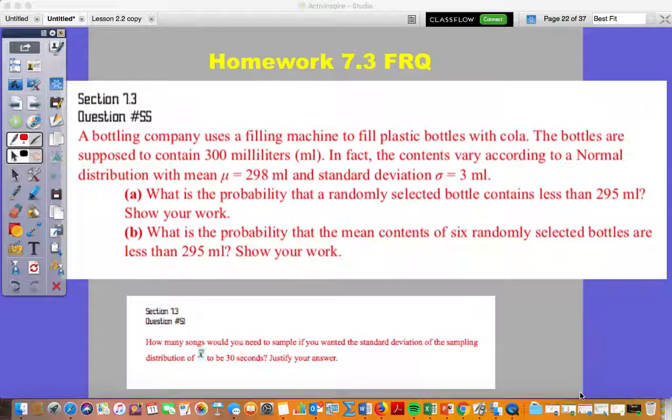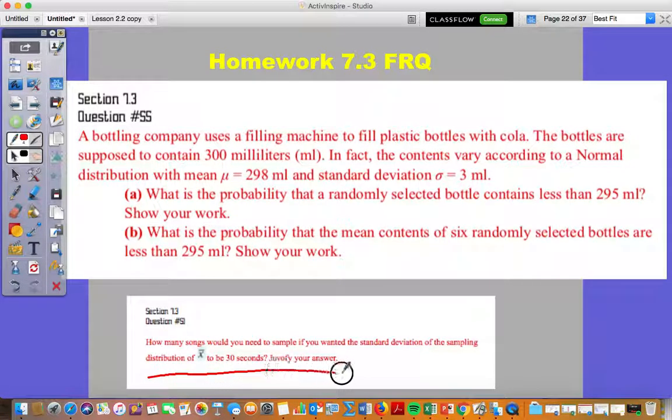It says how many songs would you need to sample if you wanted the standard deviation of the sampling distribution of X bar to be 30 seconds. What would be the notation of this?